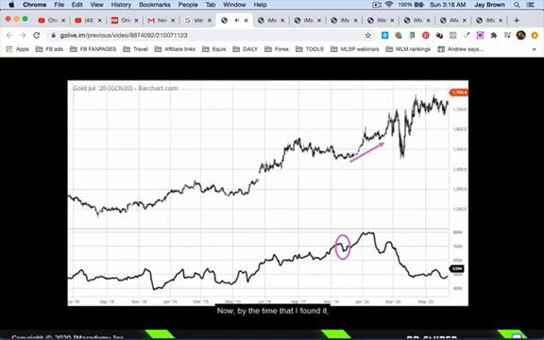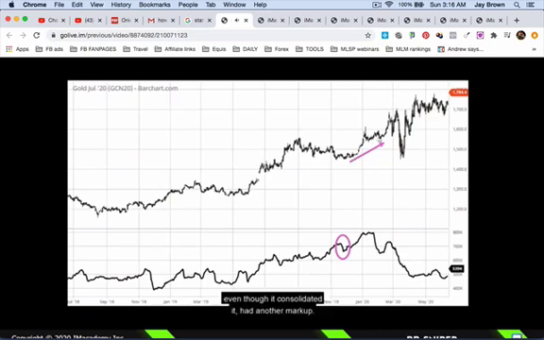Now, by the time that I found it, I was about 2 to 3 days late. So the return to the institutional candle was already 2 or 3 days past it. So I was slightly late. But nonetheless, overall, there was still a lot of upside potential. And you can see in here with the pink arrow, gold rallied for a long time.